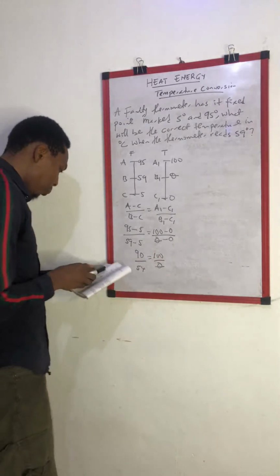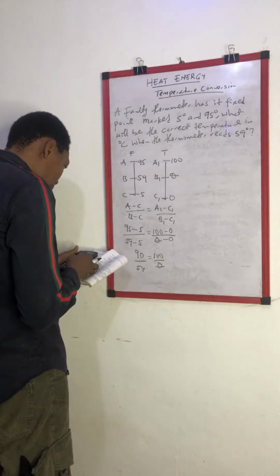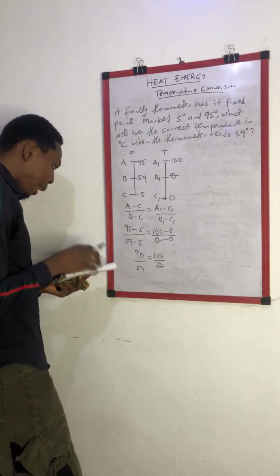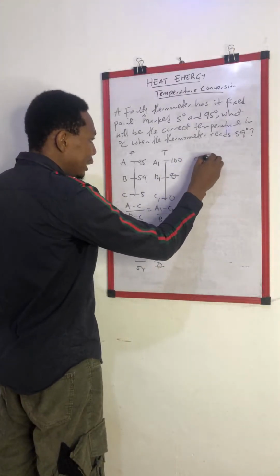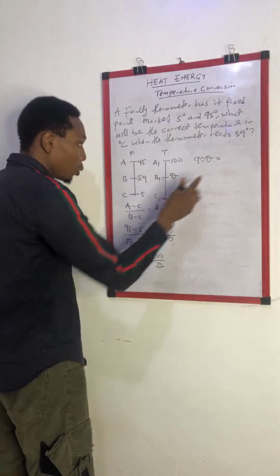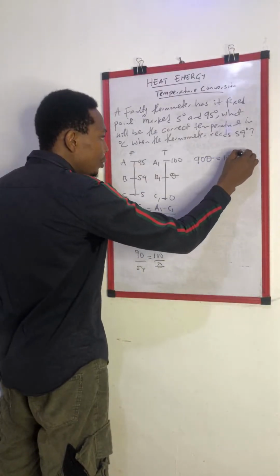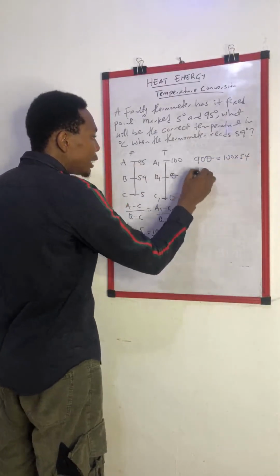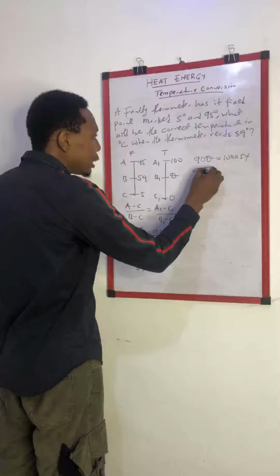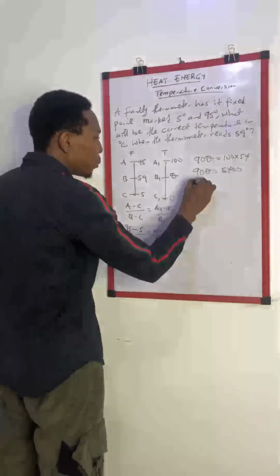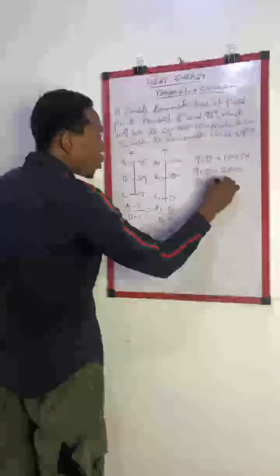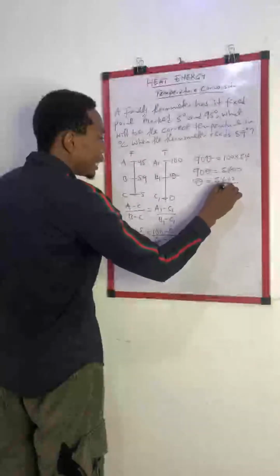So what do we do from there? We're going to cross multiply. So by cross multiplication, 90 times theta, we have 90 theta. Then equals to 100 times 54. So we have 90 theta equals to 5400. To get theta, we divide both sides by 90. 5400 divided by 90.